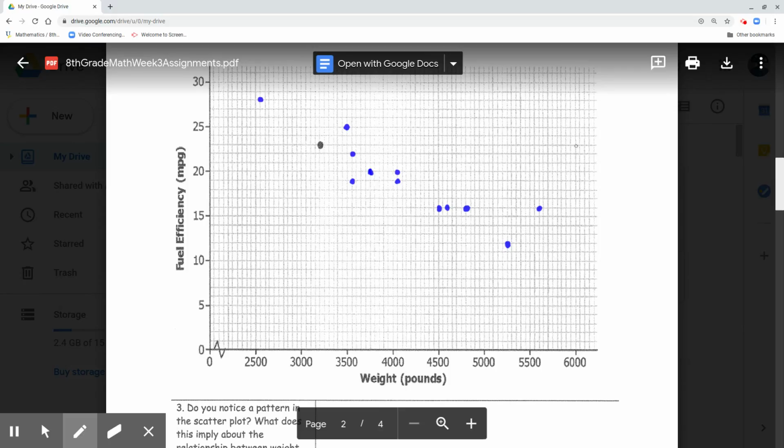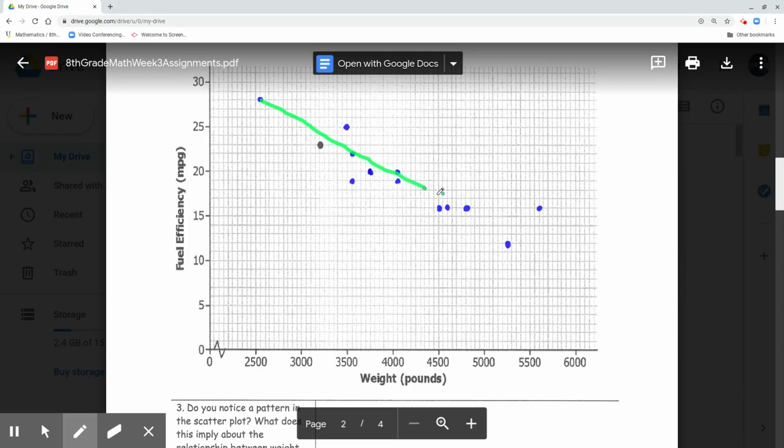Okay, everyone. So your scatter plot should look very similar to mine once you have all the points plotted. So something I want to point out is the fact that it almost looks like I could draw a line down through these points. They're all trending sort of in the same direction.